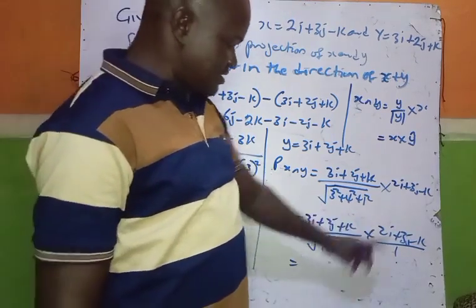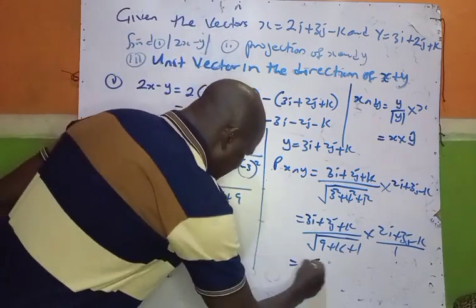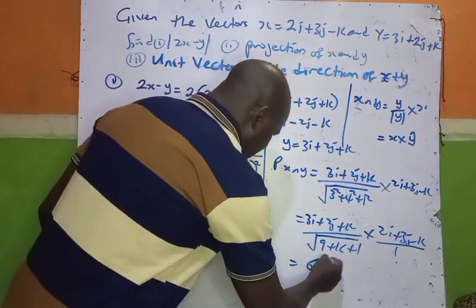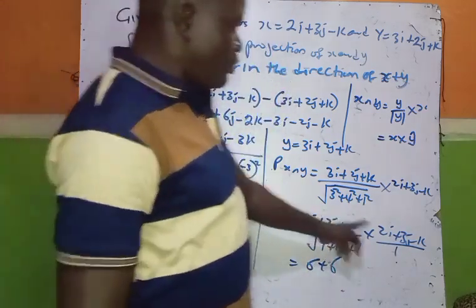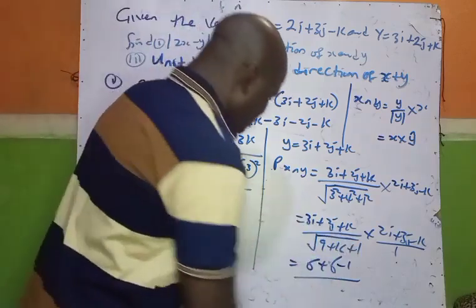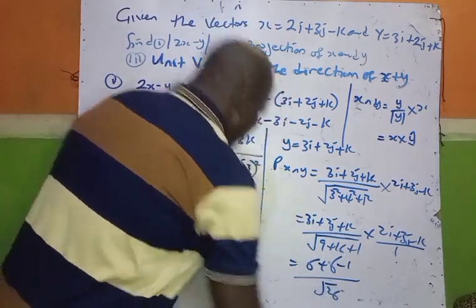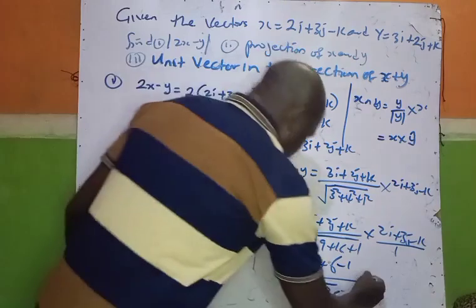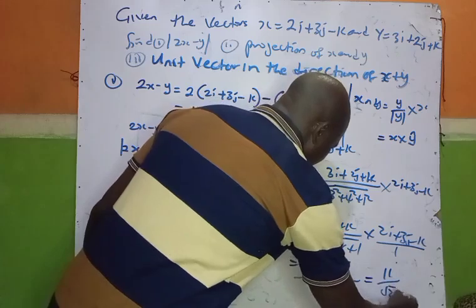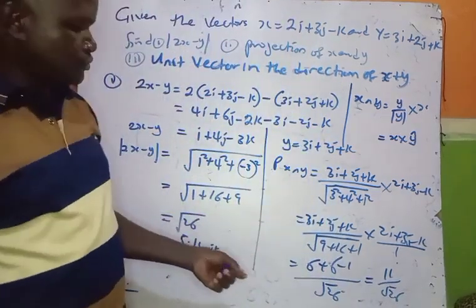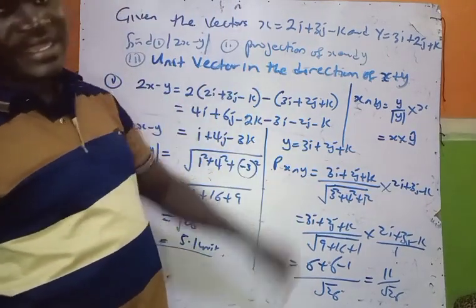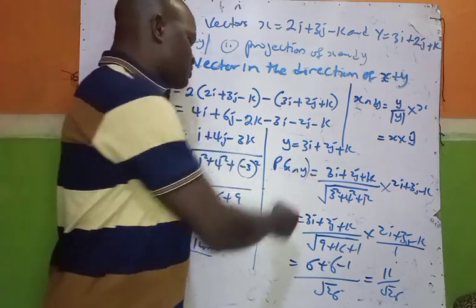This times this, you have 6. 2 multiplied by 3, you also have 6. 1 multiplied by minus 1, you have minus 1. Over root 14. Then your answer is going to be 11 over root 14. So that's the projection of vector x on y.